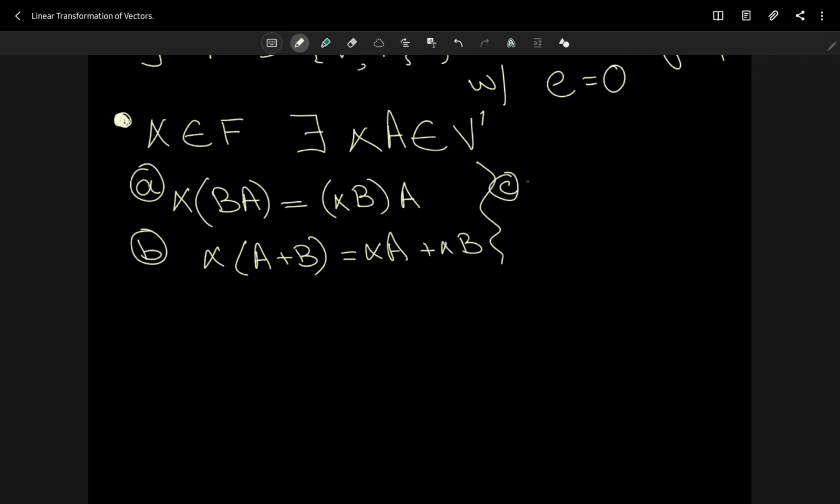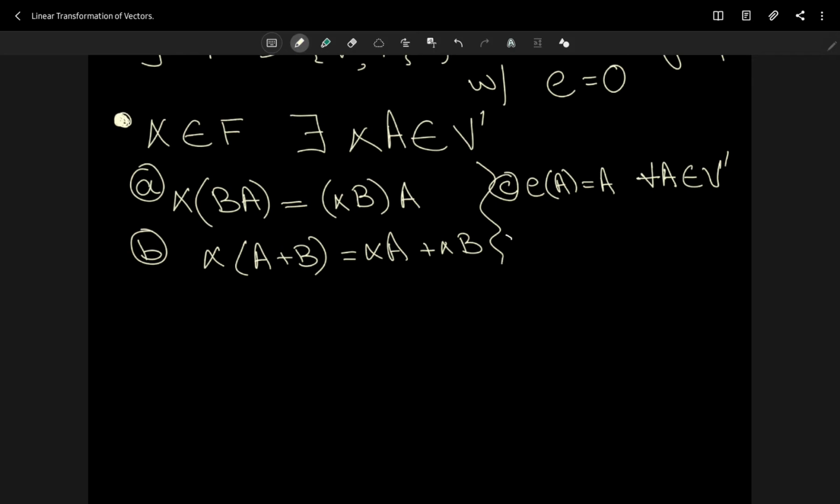And let's see if I can squeeze these here. The third one is simply the identity on A is equal to A, so it gives you back A, and that is true for all A that belong to the vector space V prime.